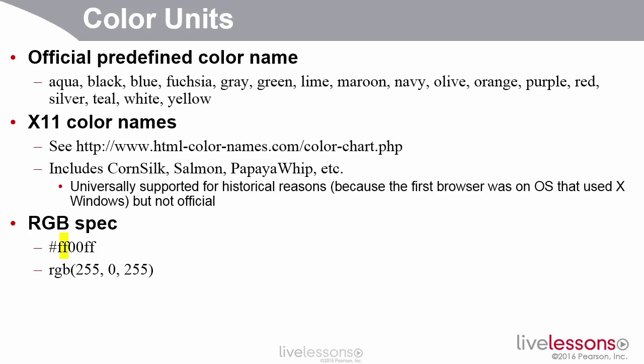So 00 means 0, FF means 255. Hexadecimal base 16, why are we in the dark ages? Well, these are for historical reasons. People thought more in octal and hex back then, and so they're more compact, and so we're stuck with it now. And so it's very hard to visualize.